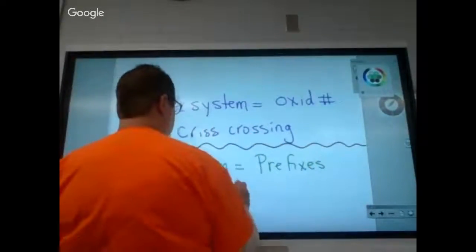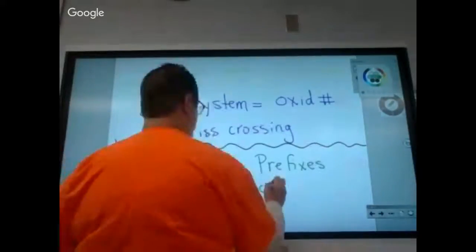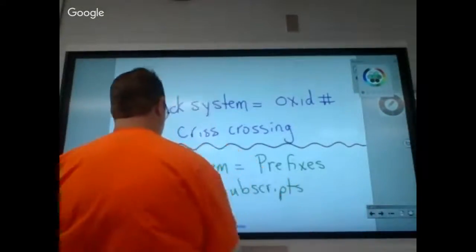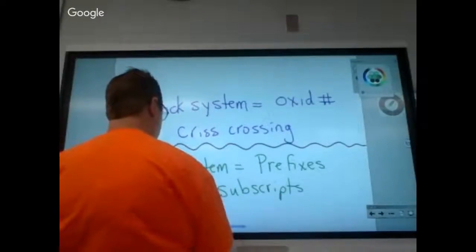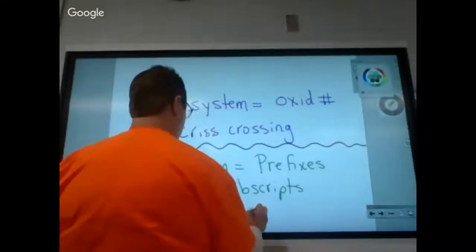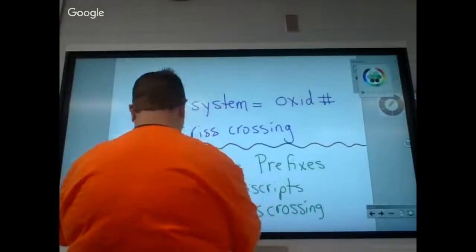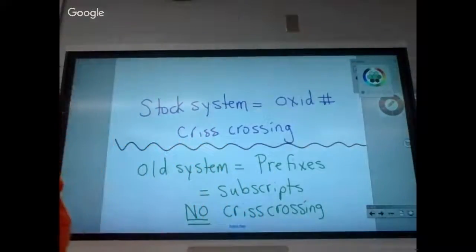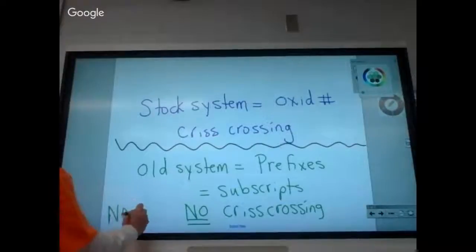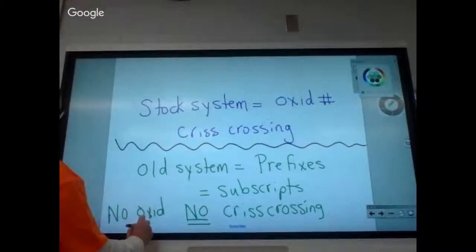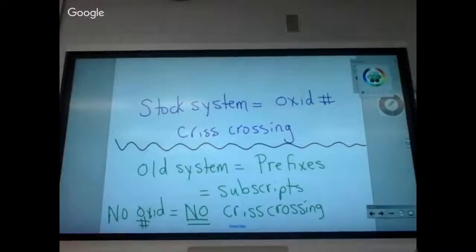Prefixes equal subscripts. There is no crisscrossing. There are no oxidation numbers. That's what makes it different. Old system has no oxidation numbers and no crisscrossing.